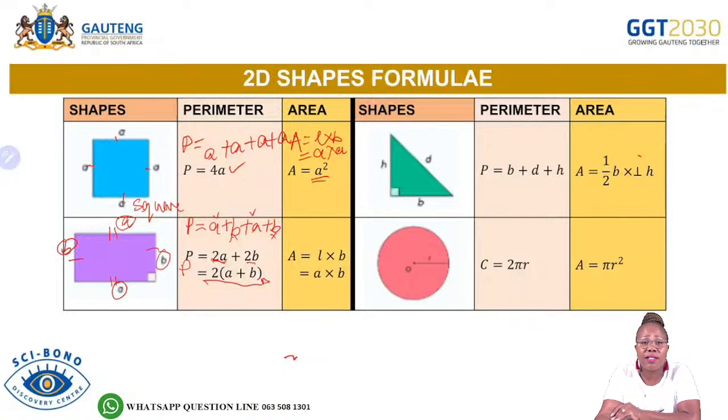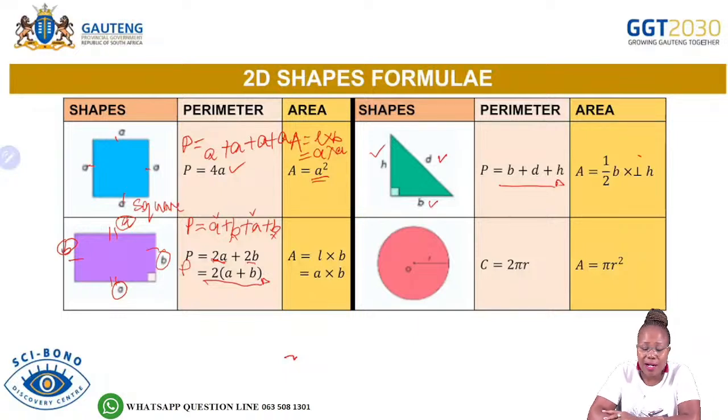But in this case, it's a specific one because it has 90 degrees, therefore it's a right angled triangle. When you calculate the perimeter, remember a perimeter is the distance around the shape. That means the perimeter for this will be B plus D plus H as indicated there.